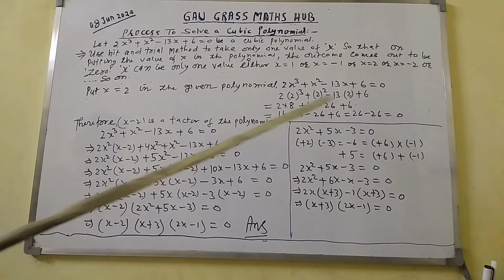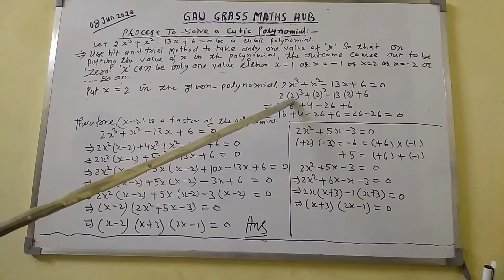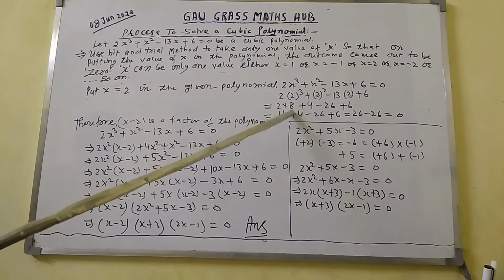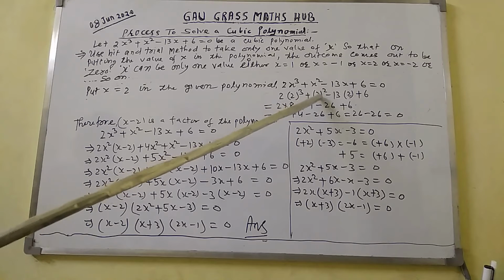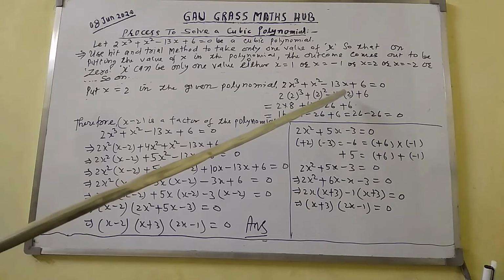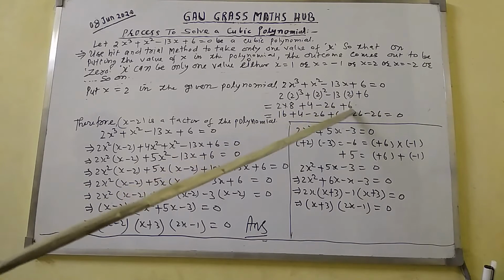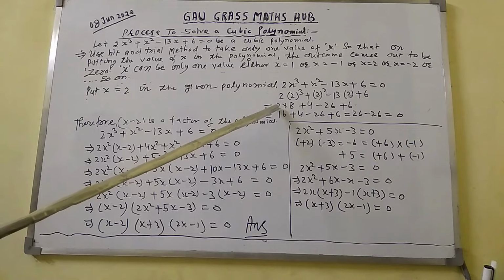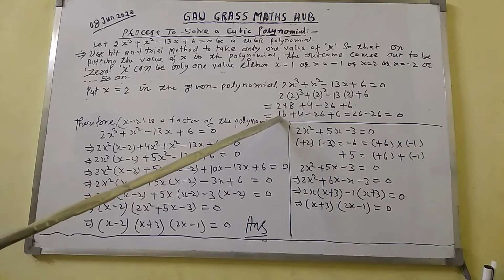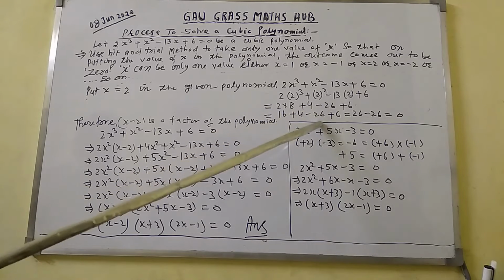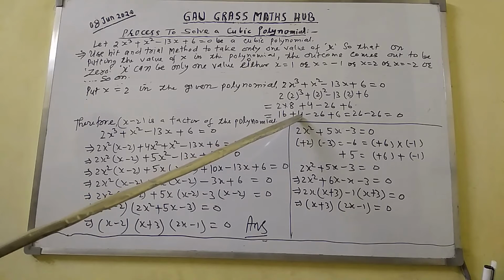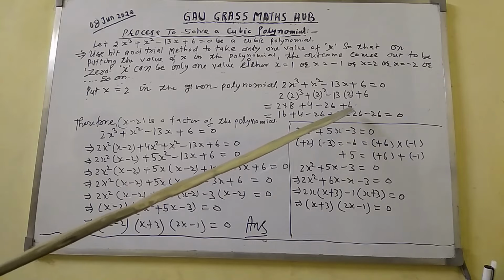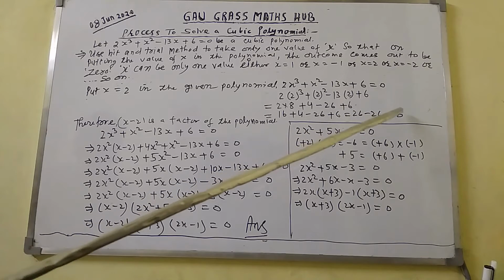Plus 6. So 2 cubed is 8, 2 times 8 becomes 16; 2 squared is 4; 13 times 2 is 26. So it is 16 plus 4 minus 26 plus 6. 16 plus 4 plus 6 comes out to be 26, minus 26 equal to 0.